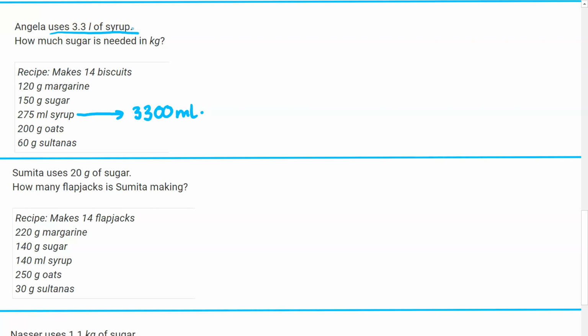So we need to work out what she's multiplied by. It's not the nicest one to do. Let's do this by adding up. So 275. Add on another 275 is 550.